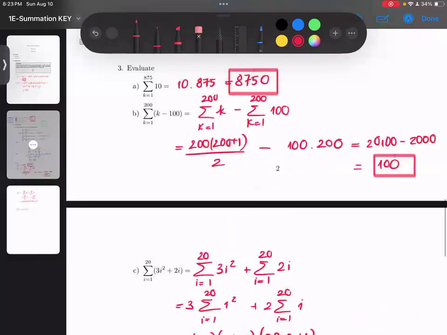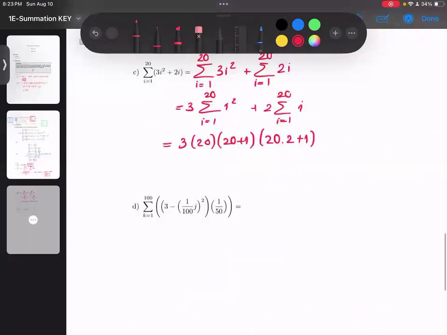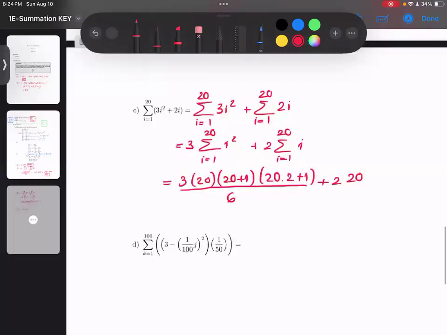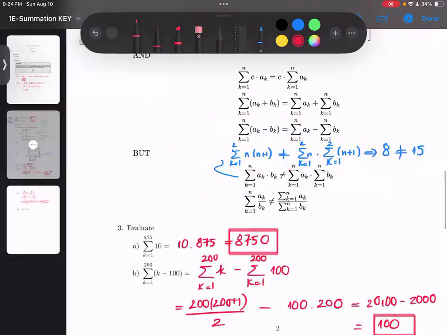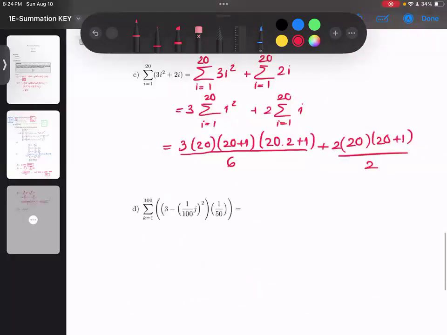Yep, divided by 6. Plus 2 times n times n plus 1, so 20 times 20 plus 1, divided by 2. Yep, divided by 2.